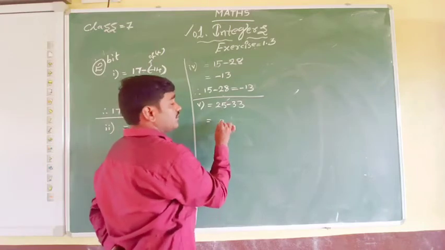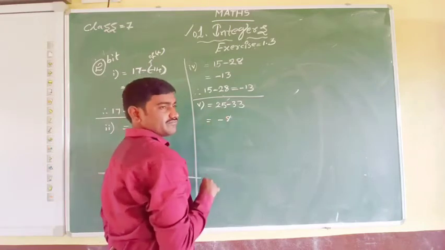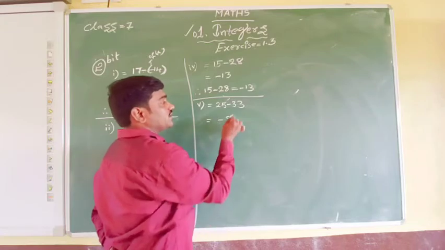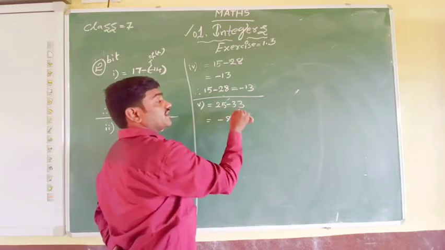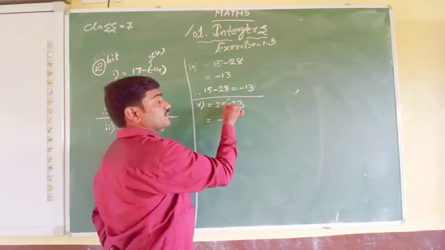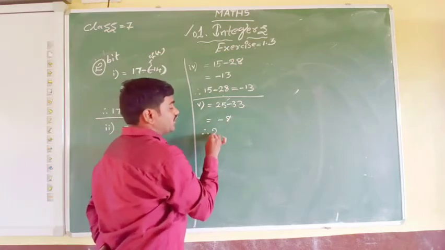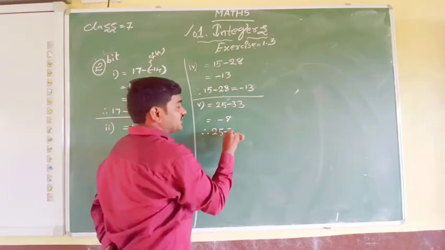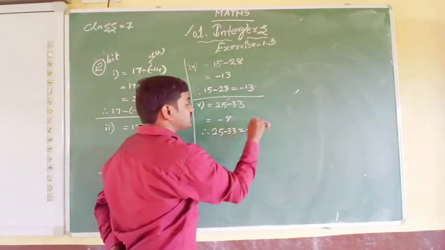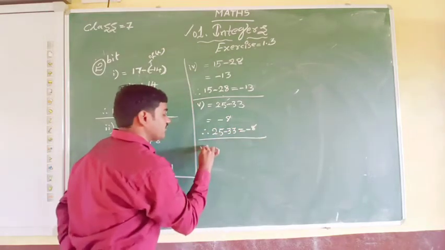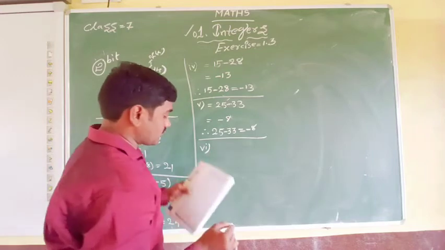What do you get here? Minus 8, because here minus 33 contains greater negative integers. So 25 minus 33 will give us minus 8. Then we go for the sixth question.